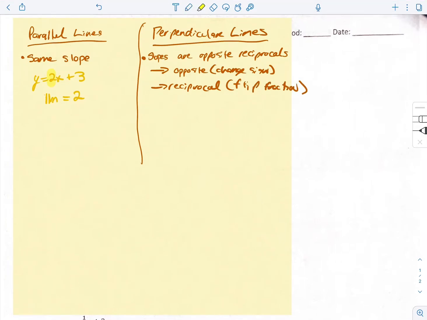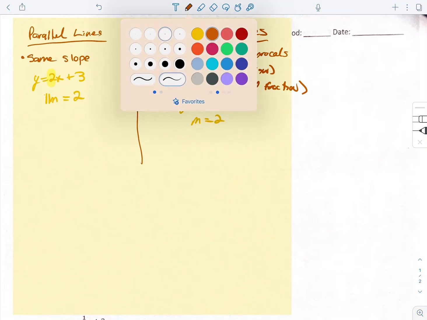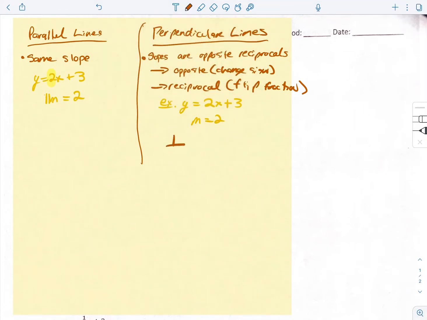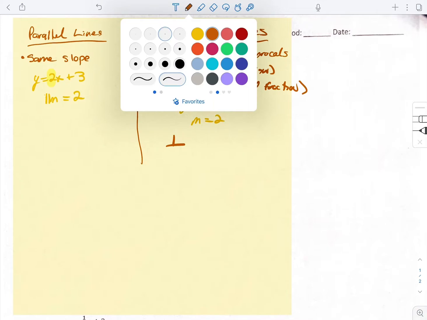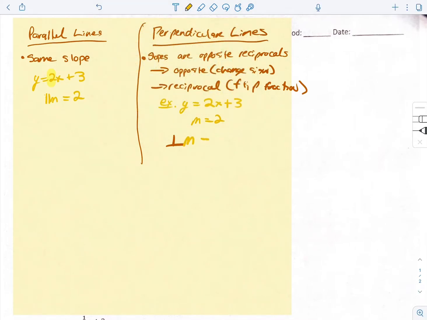So in the same example, if we have y = 2x + 3, where our slope is 2, then if we're looking for the perpendicular slope, and this is the symbol for perpendicular, we change the sign.